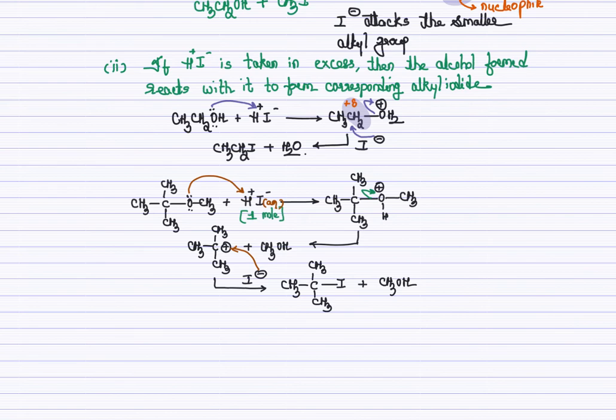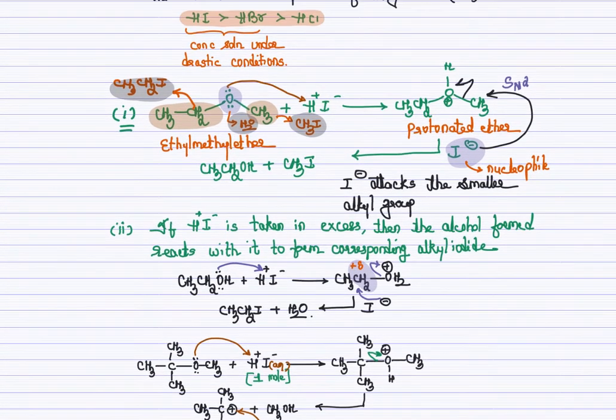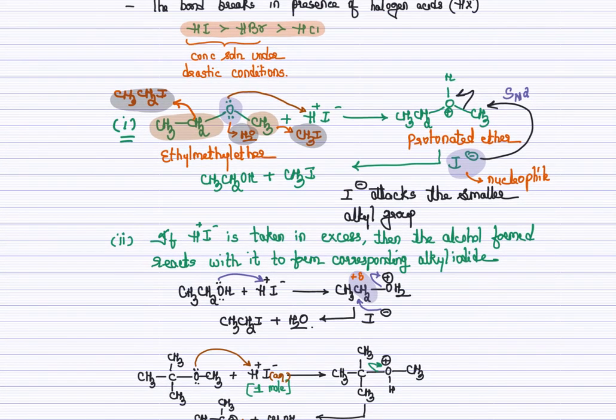Exactly the reverse of what you normally observe. Pay attention here. Many questions are asked from this part. Please note this down. Under normal circumstances, if they use only 1 mole of HI, then the smaller part becomes alkyl halide and the bigger part becomes alcohol.